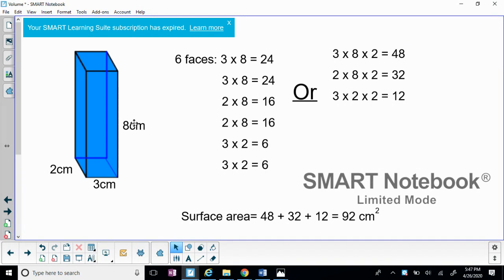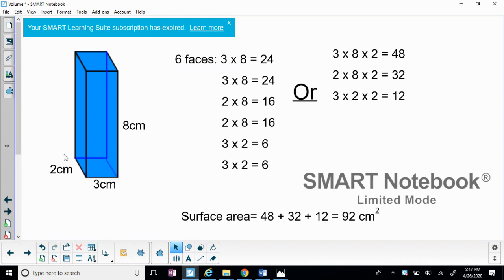So once you realize, okay, Mr. Griffin, I know there's 6 faces, I'm going to go one at a time. I know that this face is 3 times 8. And I know that because it is a 3D shape, it has its opposite. So if this is 3 times 8 here, then this is 3 times 8 here. 3 times 8 equals 24.